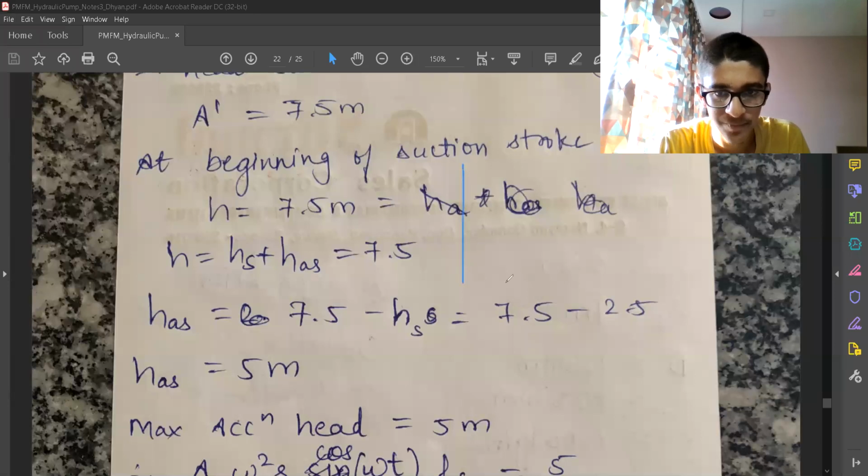Let's recall the diagram. It was earlier like this. Then it changed from here to here, and it changed on that side. This is due to acceleration changes, and then we introduced the frictional changes. So that was a parabola.